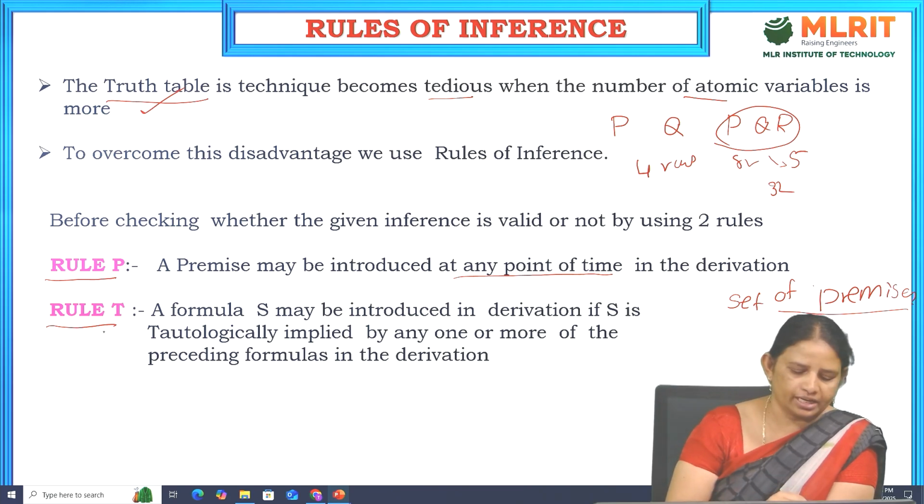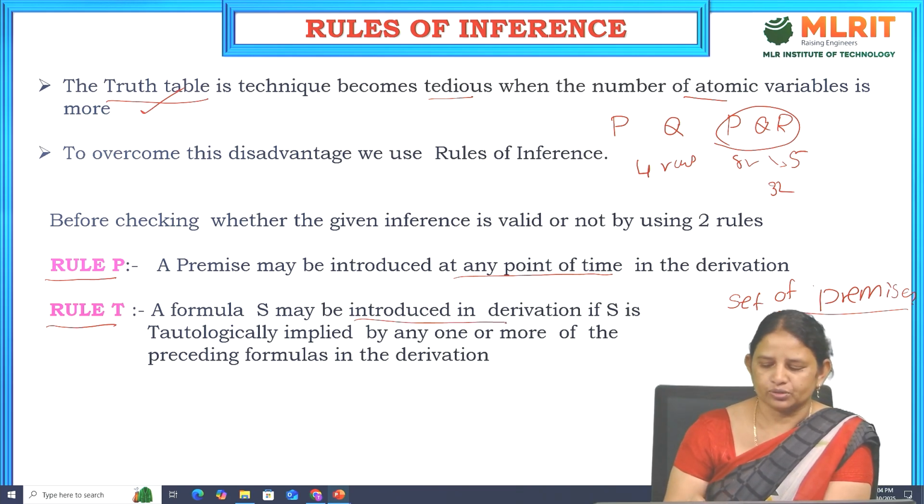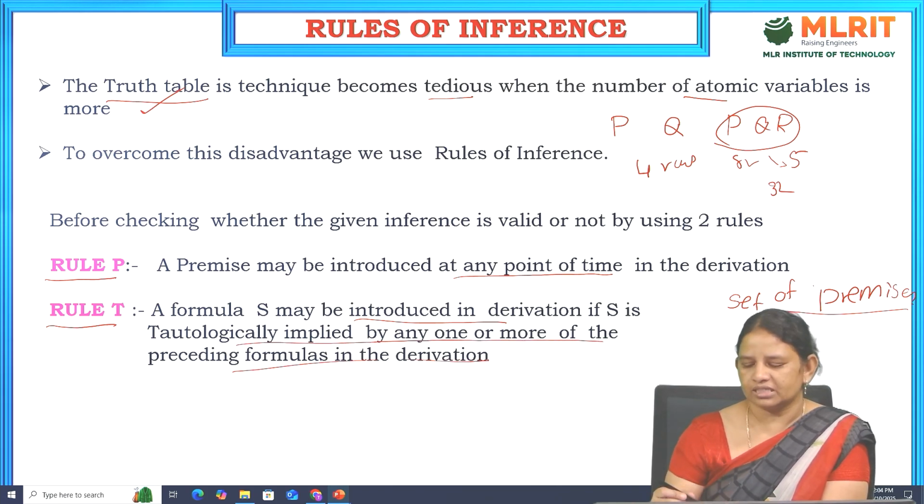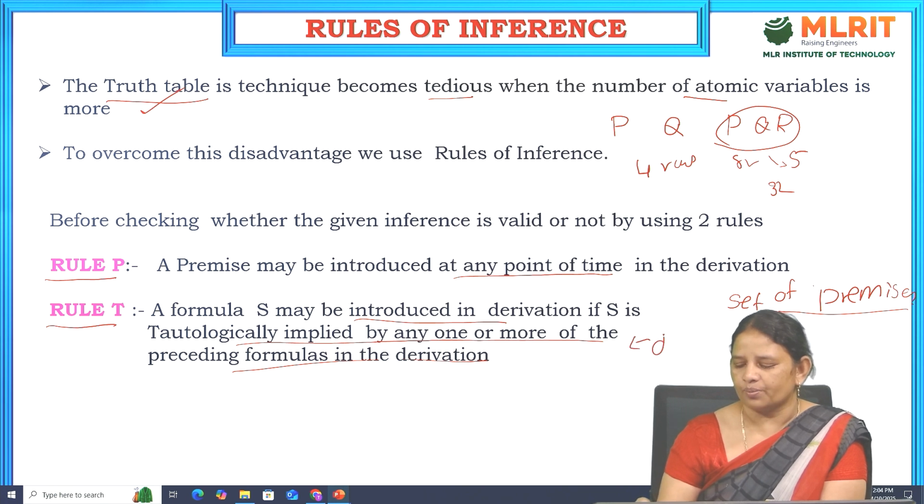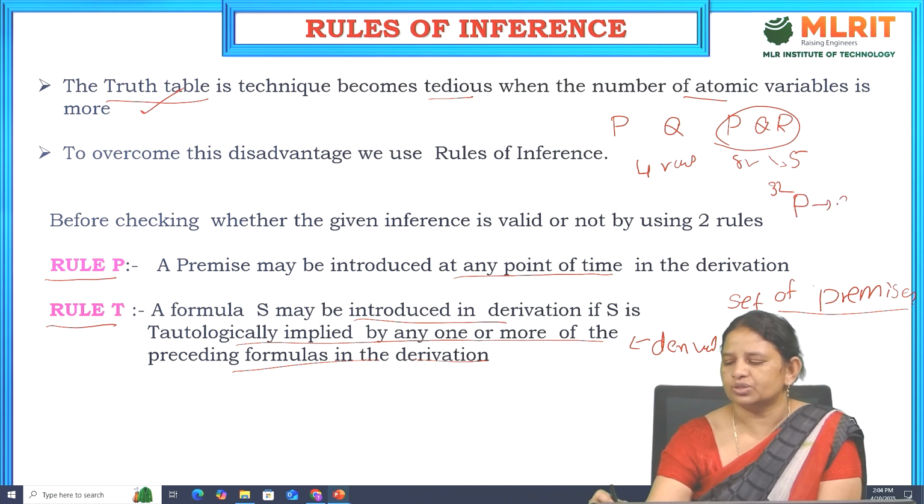Then rule T. A formula may be introduced in the derivation if it is logically implied by one or more preceding formulas in the derivation. That means it is a derived premise. That means it can be derived. For example, suppose P tends to Q and P. From these 2 rows, we derive Q. It is called rule T. That means it is derived.